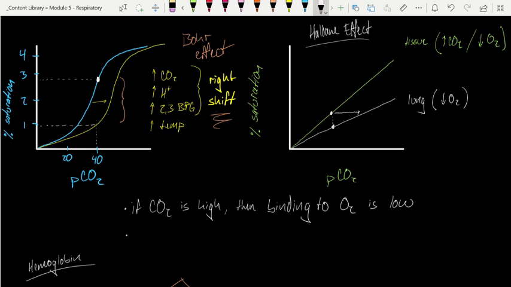However, with the Haldane effect, if oxygen is high, then binding to carbon dioxide is low. And these two concepts, the Bohr effect and the Haldane effect, working together, allow us to better understand the precise nature of how hemoglobin can site-specific deliver oxygen to the tissues that need it most, and then dump off carbon dioxide and reload with oxygen in the lungs.